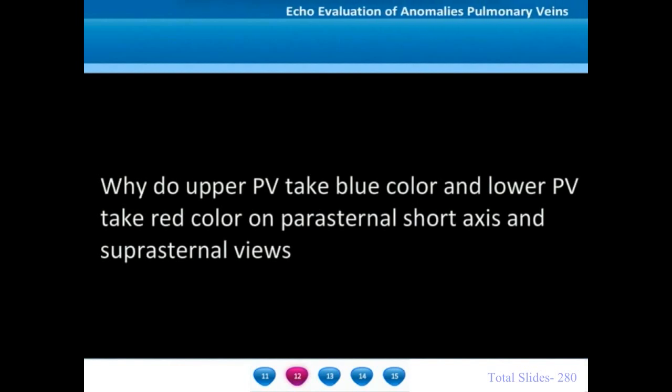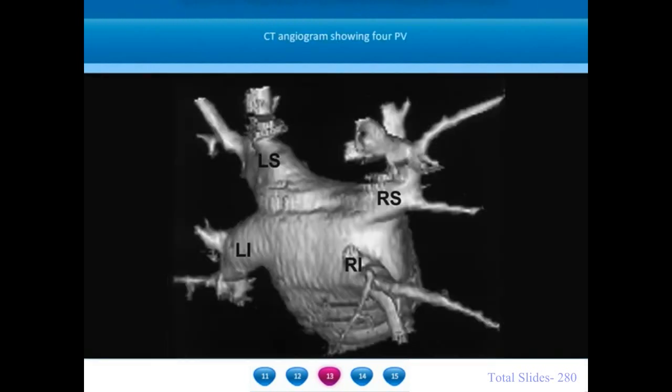It's important to recognize why the upper pulmonary veins take the blue color and the lower pulmonary veins take the red color on both the parasternal short axis and suprasternal views. This is a volume rendered CT pulmonary angiogram viewed from behind.